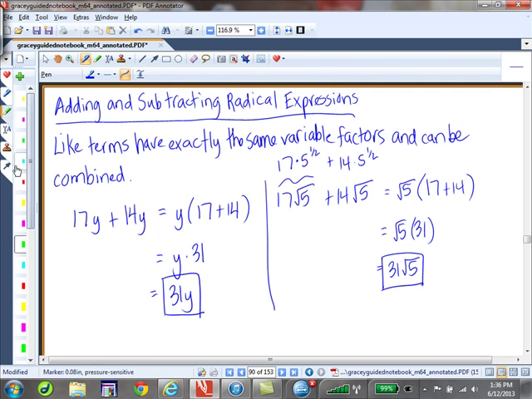So these guys here, you've got the same base raised to the same power. So how does that work for radicals? Well, for radicals, this means that you would have the same radicand and you would have the same index on the root. So that's what we check for when we're dealing with radicals.